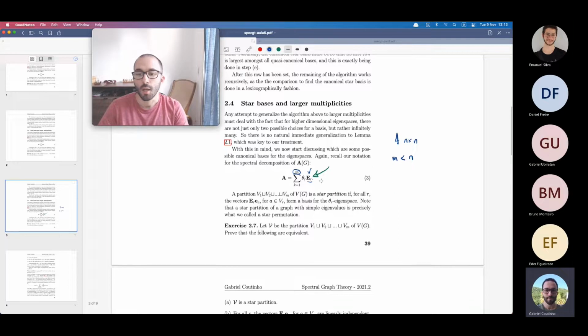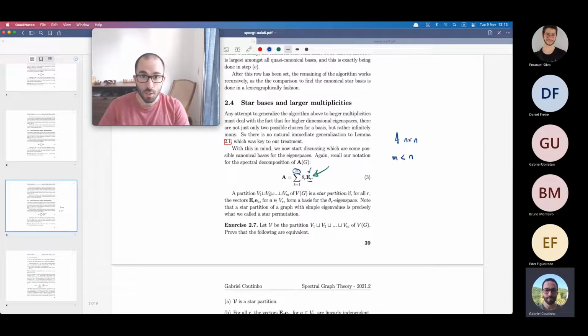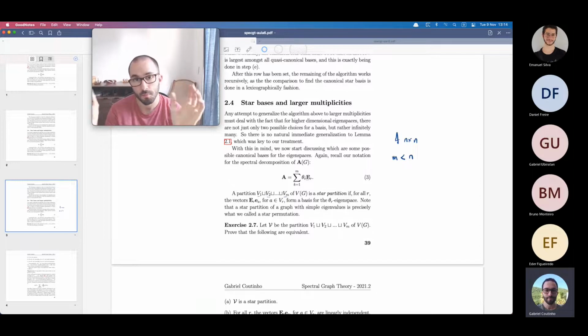Right? Now, a definition which is key to today's class: a partition of the vertex set of the graph, so I am partitioning the vertex set into as many cells as I have distinct eigenvalues. So it's not a coincidence, m is equal to m. I am partitioning my vertex set into m sets, and m is precisely the number of distinct eigenspaces. No coincidence.